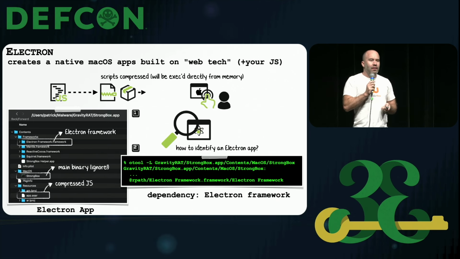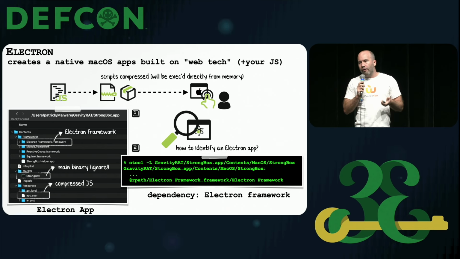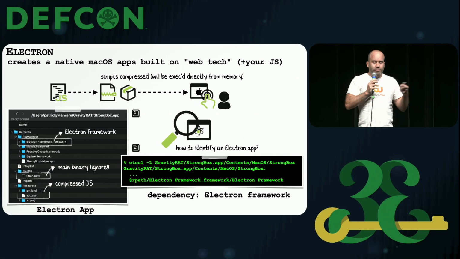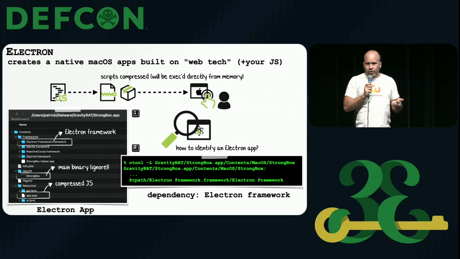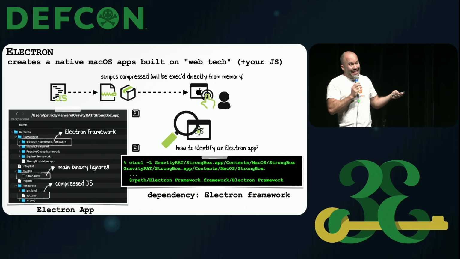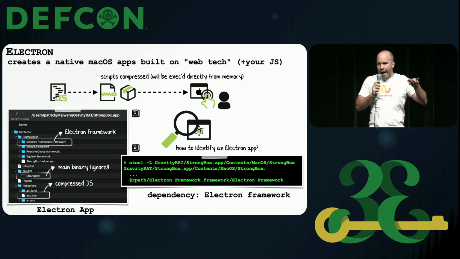Next up, we have Electron. I'm sure many of you are familiar with Electron applications. It's a well-known framework or tool that allows developers and malware authors to create cross-platform applications built on web tech. If we look at an application that has been created with Electron, again, if we know what to look for, it's pretty easy to say, hey, this is an Electron app.